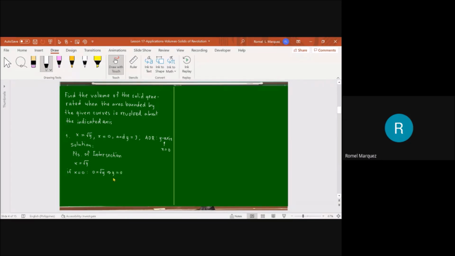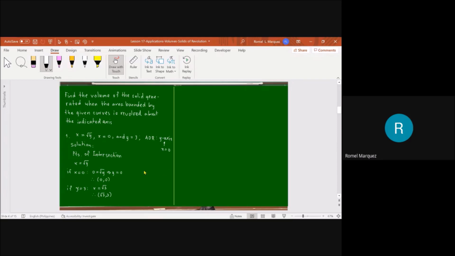So we have the point (0, 0). And if y equals 3, then x equals square root of 3. So hence, we have the point (square root of 3, 3). Okay, guys?